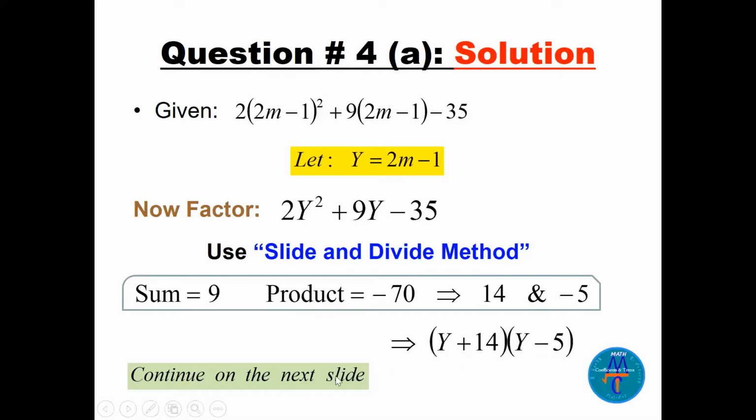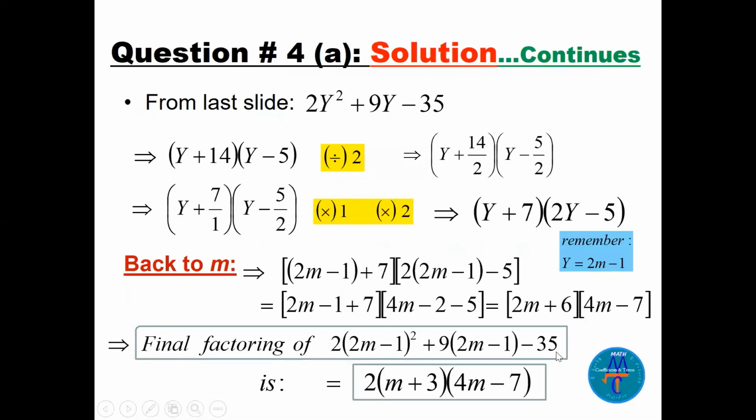Now we will continue on the next slide, and we have to take the leading coefficient here, 2, and we divide 14 by 2, 5 by 2. Let's continue. So this is from the last slide here, y plus 14, y minus 5. Let's divide now. 14 divided by 2, 5 divided by 2. Same signs, we keep it.